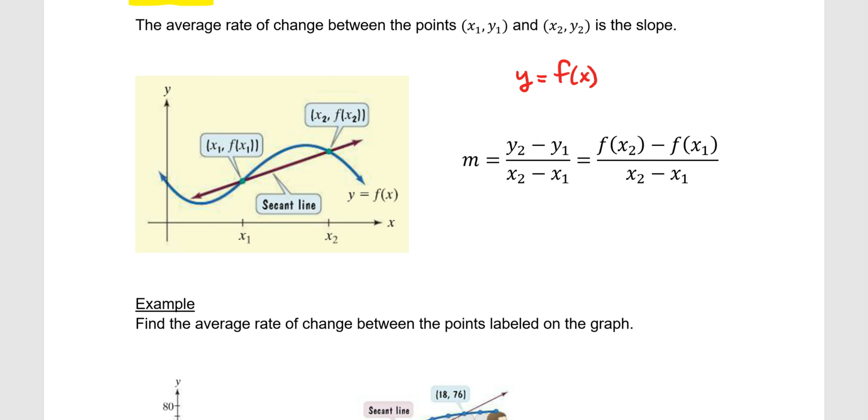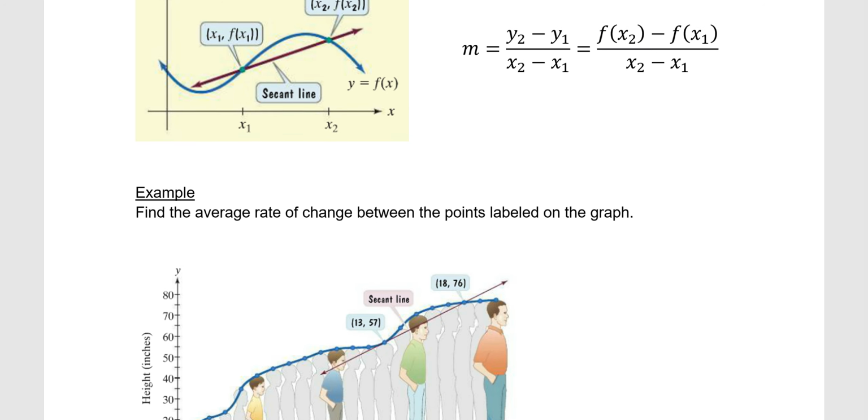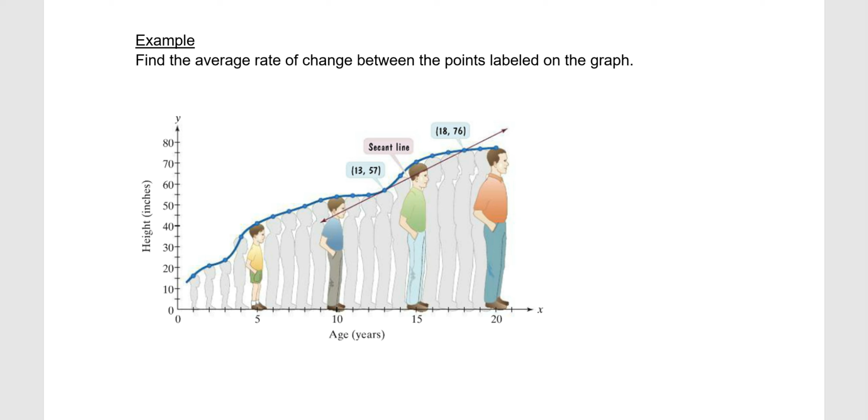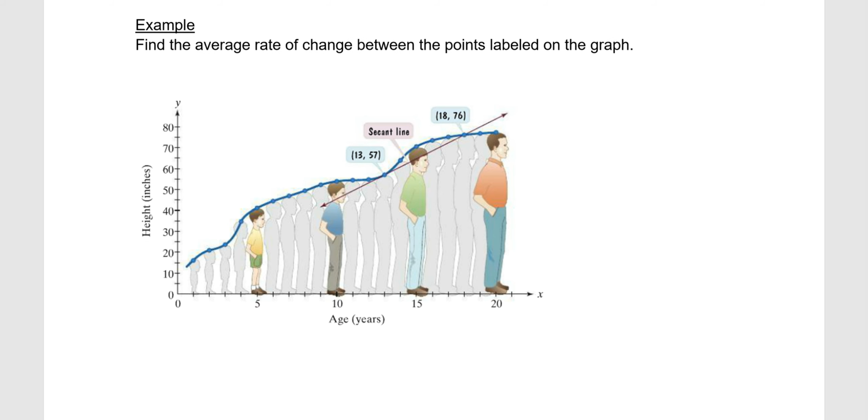So we're going to have to find their corresponding y values by plugging the x values into the function we're given. Before we get an actual function, let's take a look at just a graph and find the average rate of change between the points labeled on it. We have a man whose height in inches is recorded every year, and we want the average rate of change from when he was 13 to when he was 18.